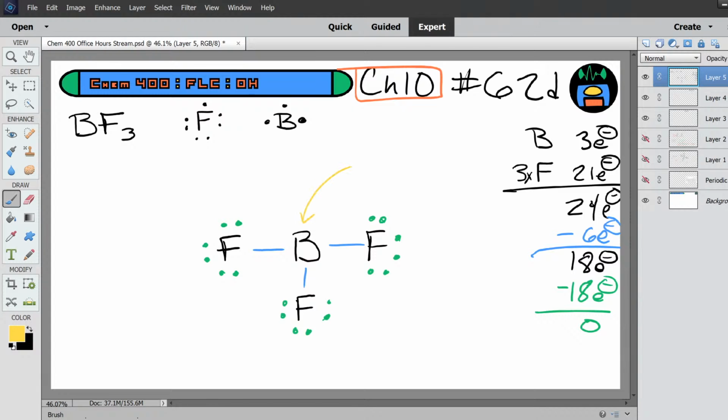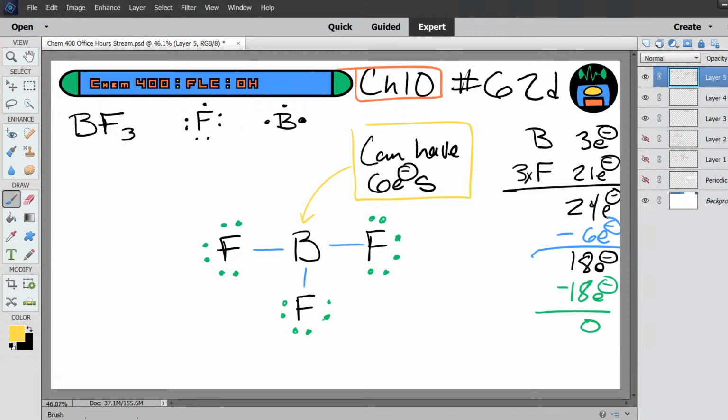Boron can break the octet rule and have 6 electrons. So even though the octet rule is super important, boron is kind of the only one that rolls with less than 8. But it does, and it's fine.